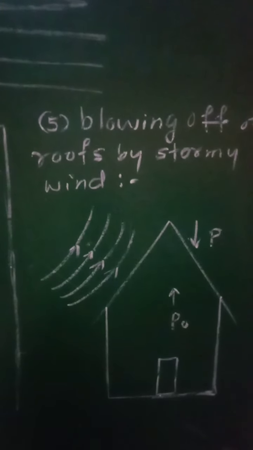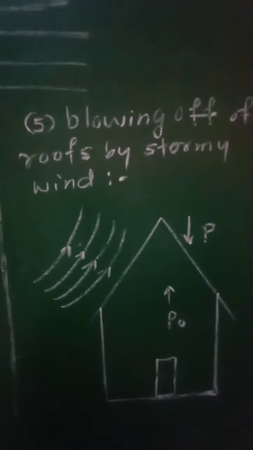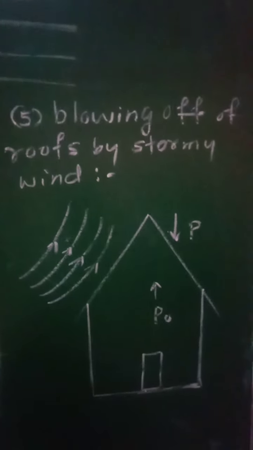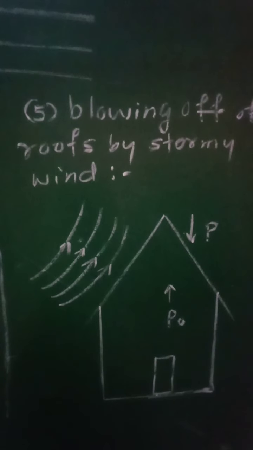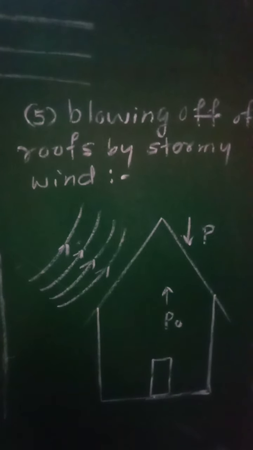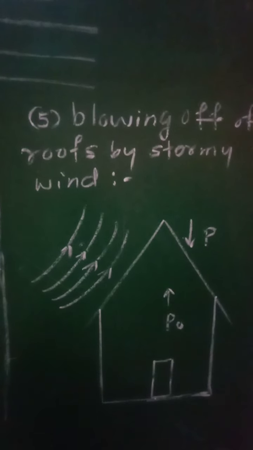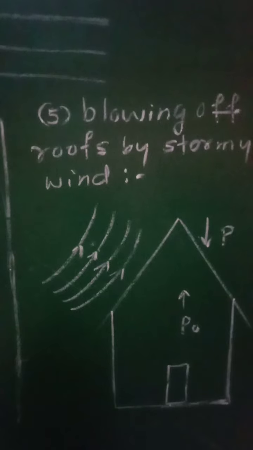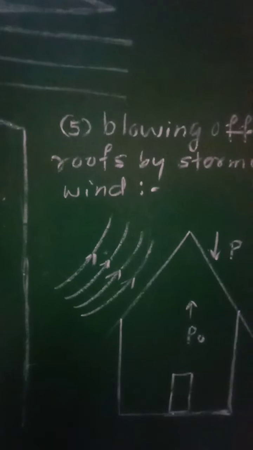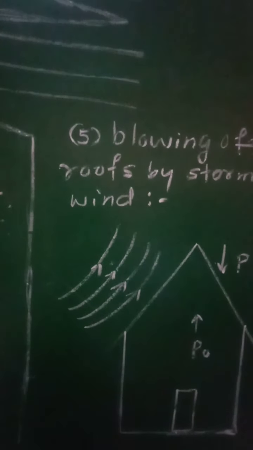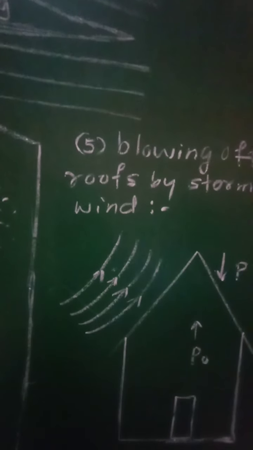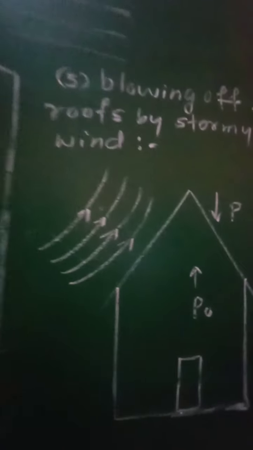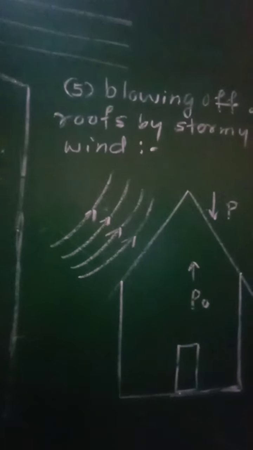When high speed stormy wind blows over a rooftop, it causes a low pressure P above the roof in accordance with Bernoulli's principle.